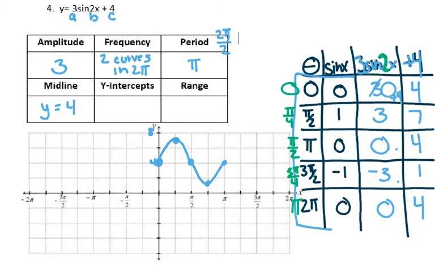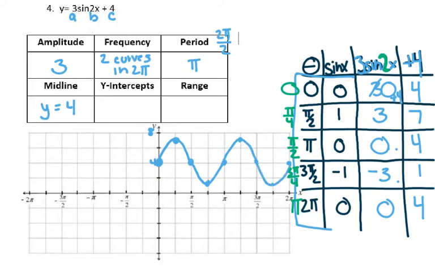From here, I'm just going to continue to oscillate. So I can repeat this pattern to continue graphing it from 0 to 2 pi. So again, I'm going to repeat from 4, I go up to 7, then back to 4, then down to 1, and then back up to 4. And the graph can continue.